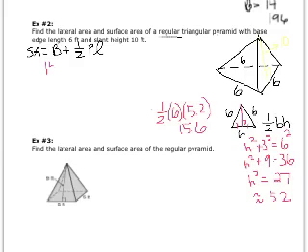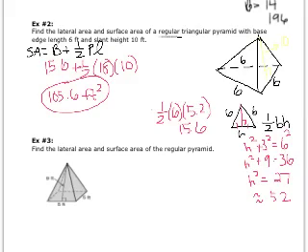The area of my base is 15.6. And then I'm going to do 1/2. The perimeter would be 6 plus 6 plus 6, 18. Luckily I'm given the slant height, 10. So let's run through the math. I've got 15.6 plus 1/2 times 18 times 10, and it looks like I get 105.6, and my unit is feet, so feet squared.